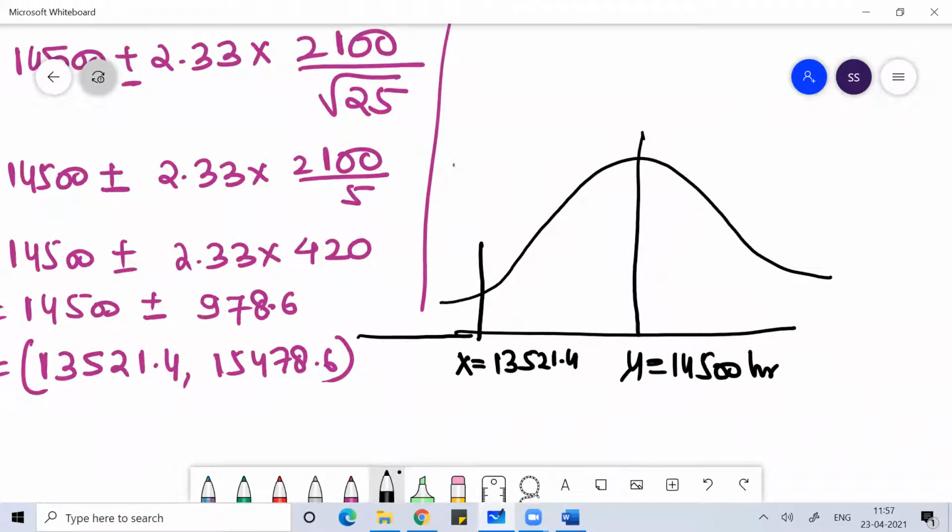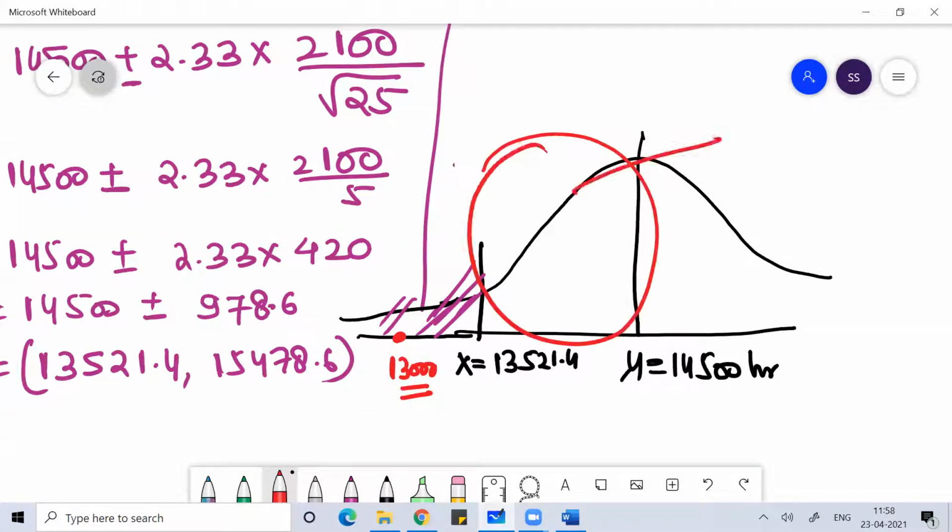So if you see where your sample value lies, your sample value is 13,000, and 13,000 lies in the rejection region. This is your acceptance region.